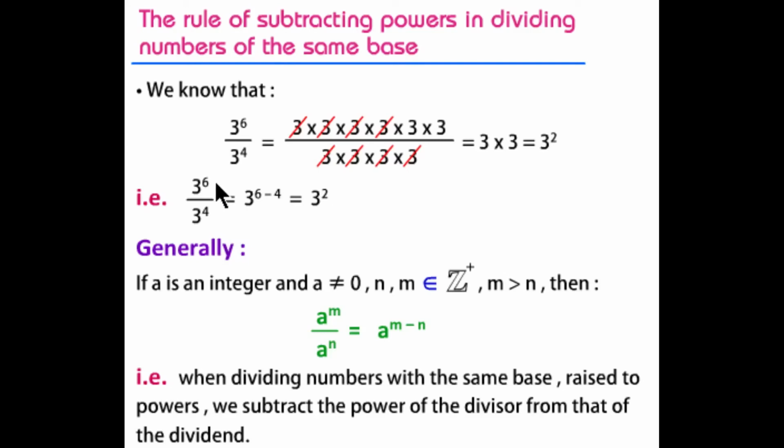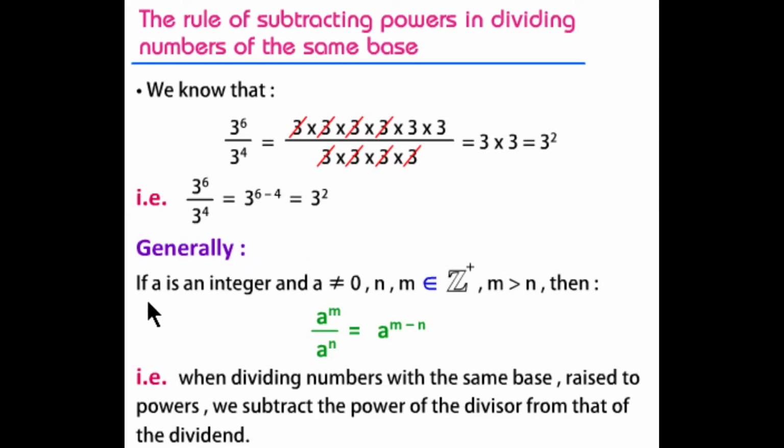3 to the power 6 over 3 to the power 4, over meaning divided, equals: write the same base 3, and subtract the first power minus the second power, 6 minus 4, equals 3 to the power 2.